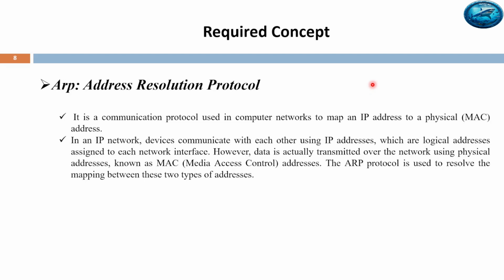However, data is actually transmitted over the network using a physical address known as a MAC address, or Media Access Control address. ARP is used to resolve the mapping between these two types of addresses. For example, in Layer 2 communication, that is, OSI Layer 2, the hop-to-hop communication between devices happens using MAC addresses.